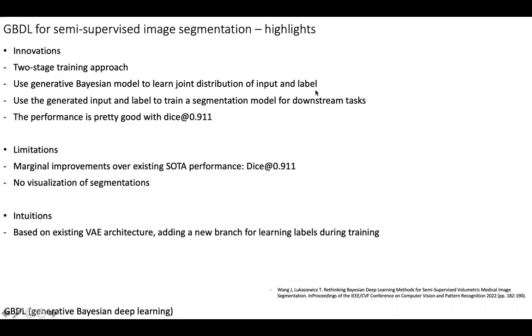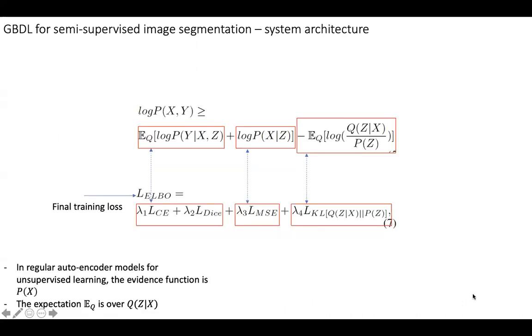Just as the name indicates, it has some labeled data, and this new branch can help learn from this labeled data. And this paper was published in 2022 at Computer Vision and Pattern Recognition.